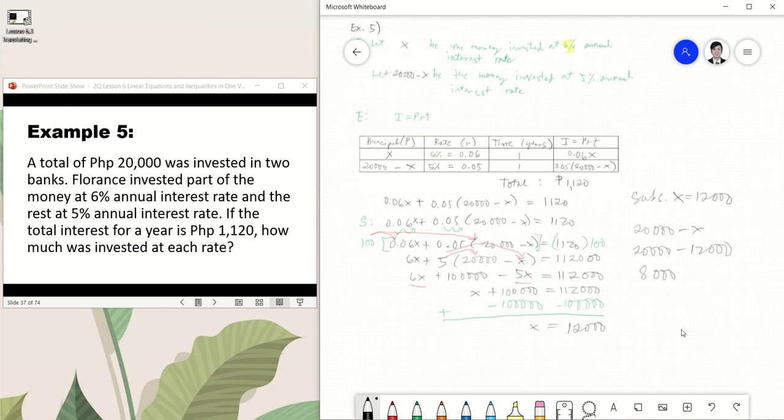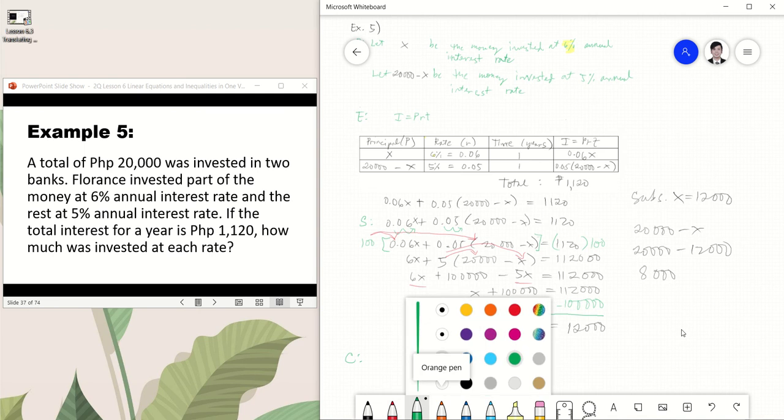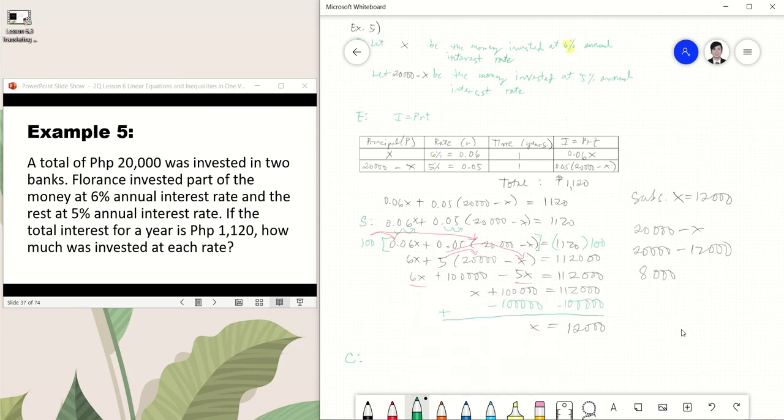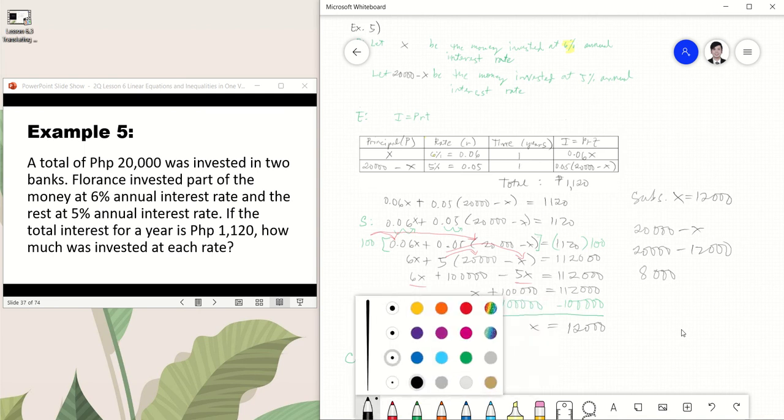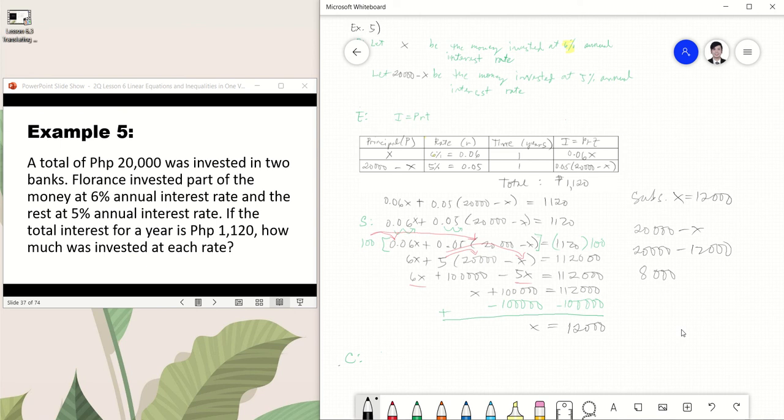So, if we will double check this, we just have to multiply 0.06 with 12,000. And then, yung sa ating 5% annual interest rate na investment, multiply natin yung 8,000.